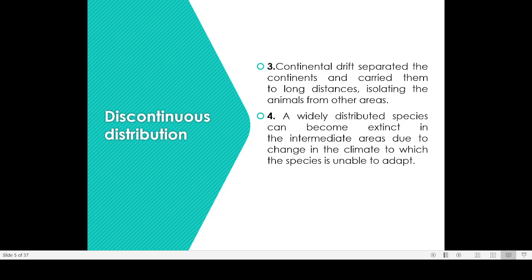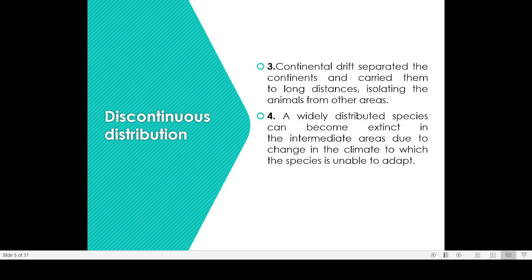Because of the difference in climate, these animals got extinct in Europe. The climate of Europe is colder, so animals which live in warmer areas of the world, like India or Africa, may not be able to survive in colder areas. Because of that, these animals got extinct in colder areas, and only the populations in warmer areas survive.